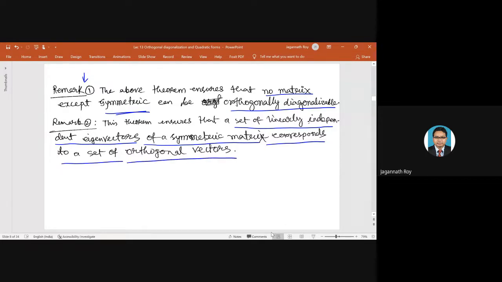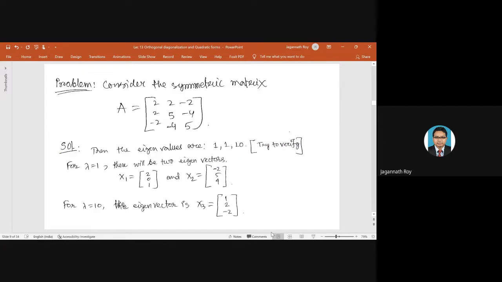This is a real symmetric matrix, and it has some beautiful features. If the eigenvalues are distinct, then the eigenvectors will be orthogonal also. So this is one example.